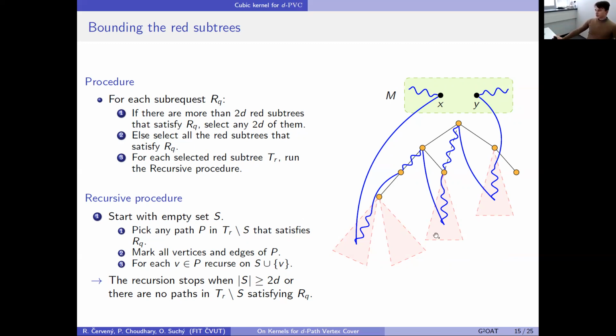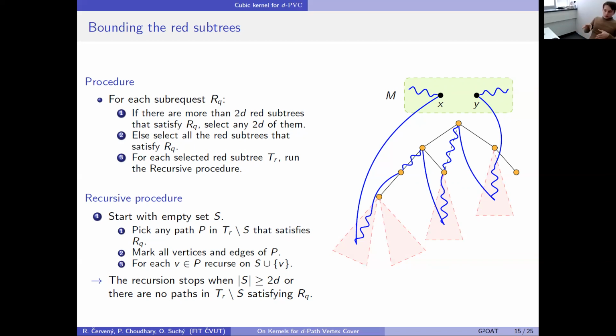With this marking procedure, we bound the number of the red subtrees, and to bound the size of the red subtree, we simulate all the possible ways the solution can interact with it. Again, we stop at sufficient depth, and the sufficient depth is again 2d. The same reasoning applies.